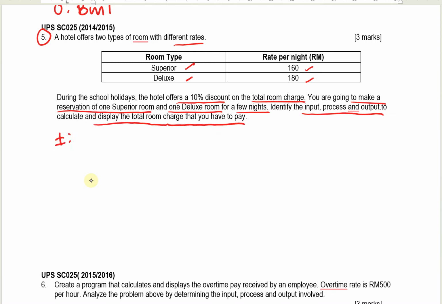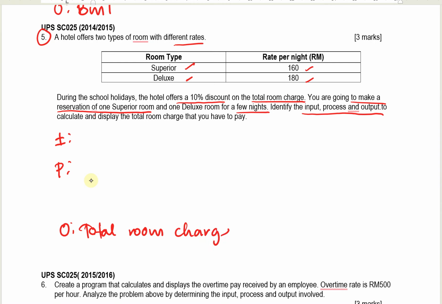So first of all, what are you going to get? So we are going to find the total room charge, right? Total room charge. Okay, next, to get the total room charge based on the question given, what is the input? So now here you can read this one. You are going to make a reservation of 1 superior room and 1 deluxe room for a few nights.